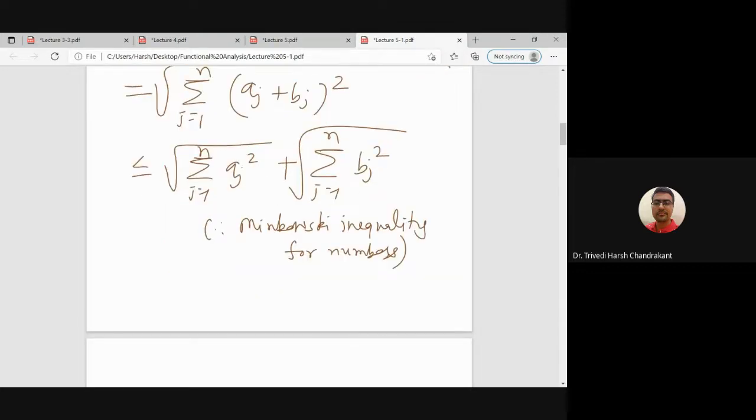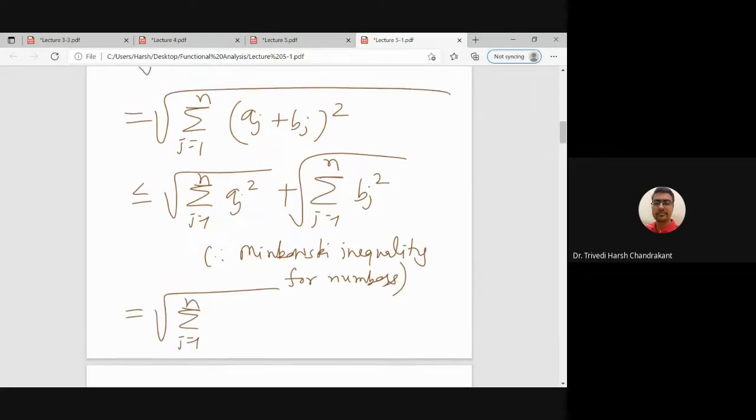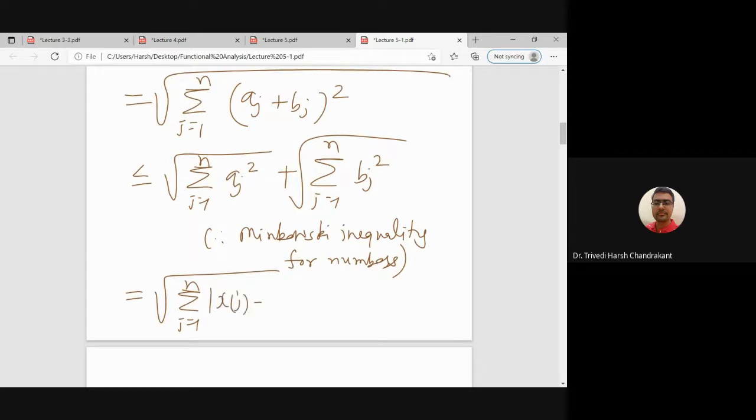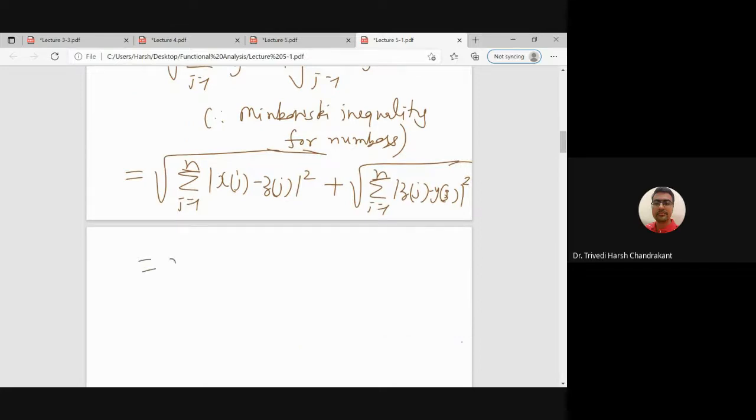And now we can substitute aj again. aj is basically xj minus zj square, plus zj minus yj square. Okay, so this is basically the Euclidean distance between x and z plus the distance between z and y.